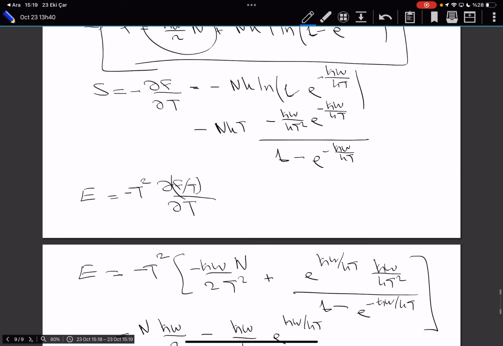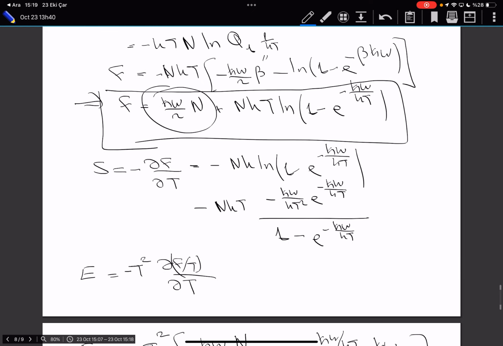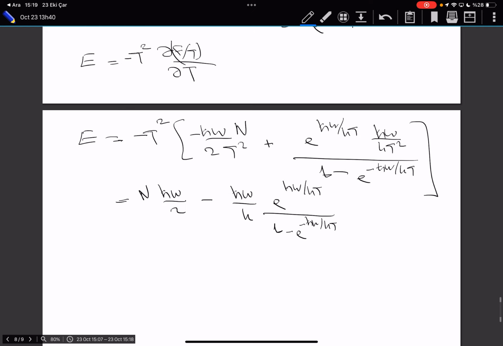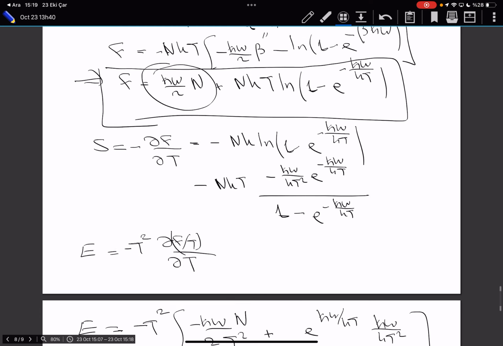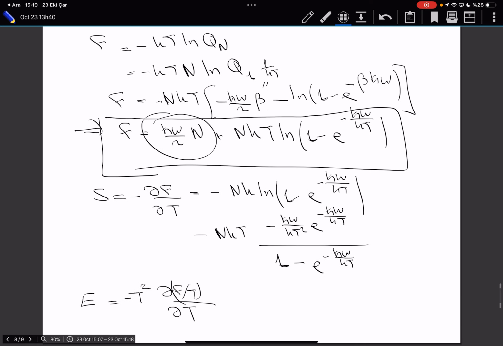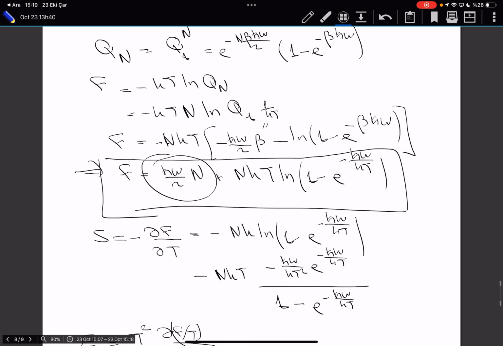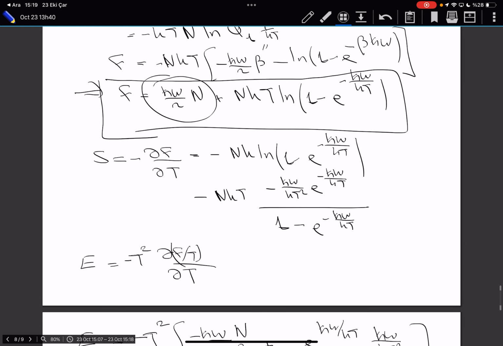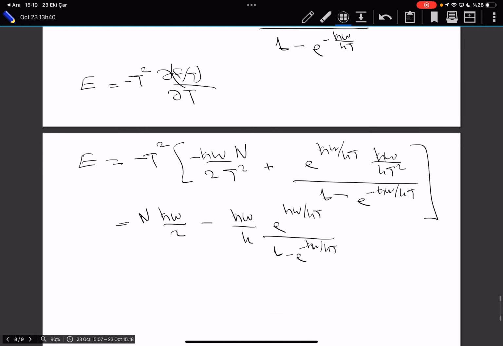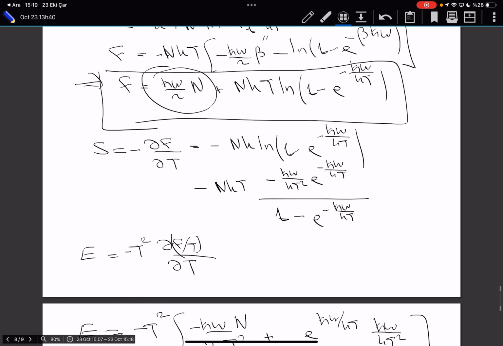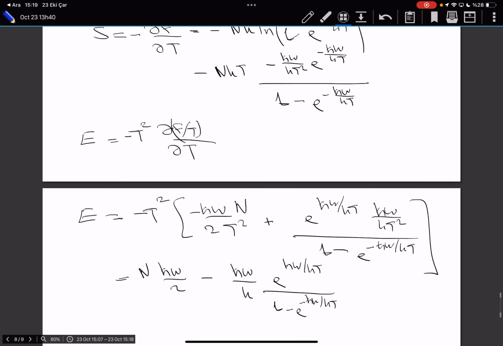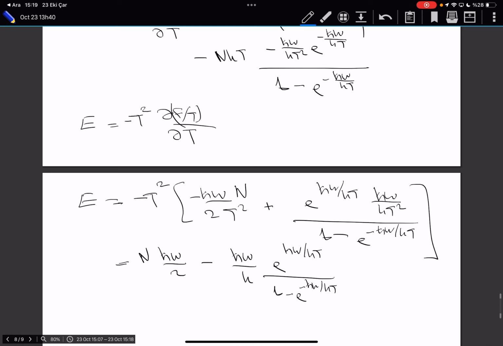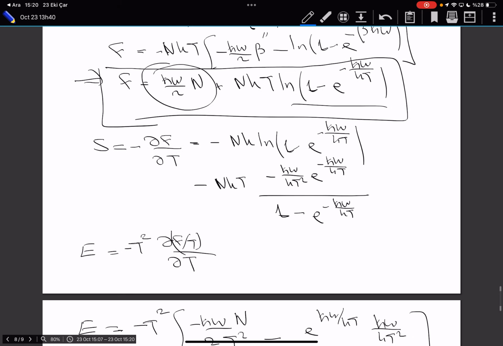Well, did I forget some minus somewhere? No, there's a minus sign over here. Well, so I'm taking the derivative of this logarithm.